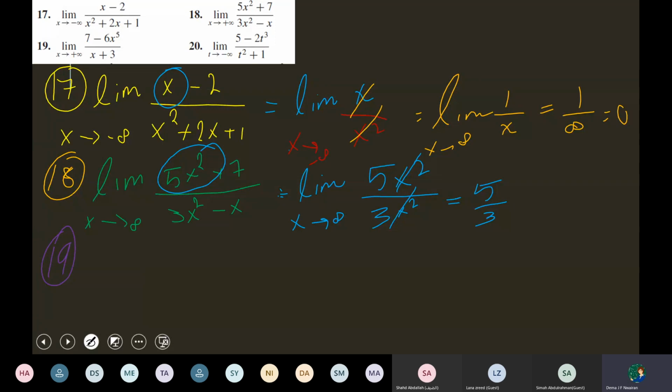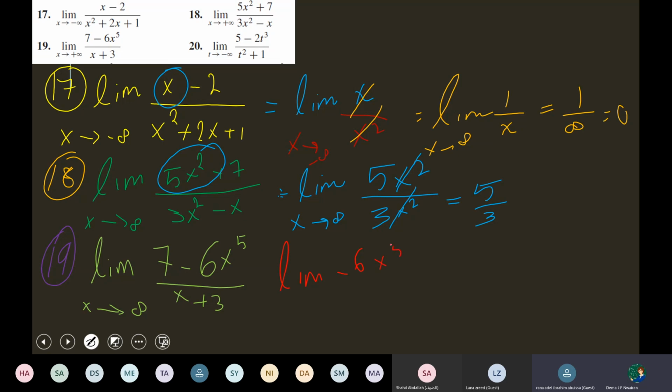Now, Rana. Limit 7 minus x raised to the power 5 over x plus 3 now, when x approaches infinity. The greatest power is negative 6x to the power 5 over x.